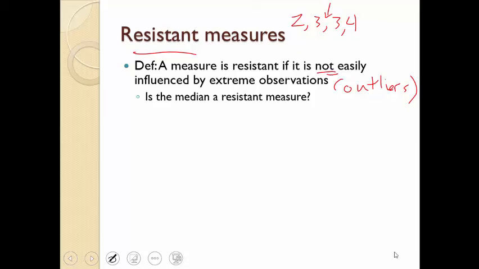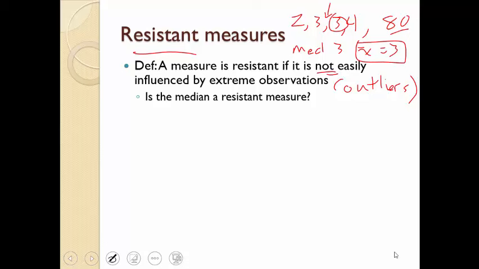The average, 2 plus 3 plus 3 plus 4, 12, divided by 4, the mean, the x-bar, is also 3. So if all of a sudden we threw in an extreme observation, let's throw in something like 80. Well, we can see here the median, the center of the data, is still 3. But you guys are sharp enough with your math to realize, wait a minute, this x-bar is going to go up quite a bit.